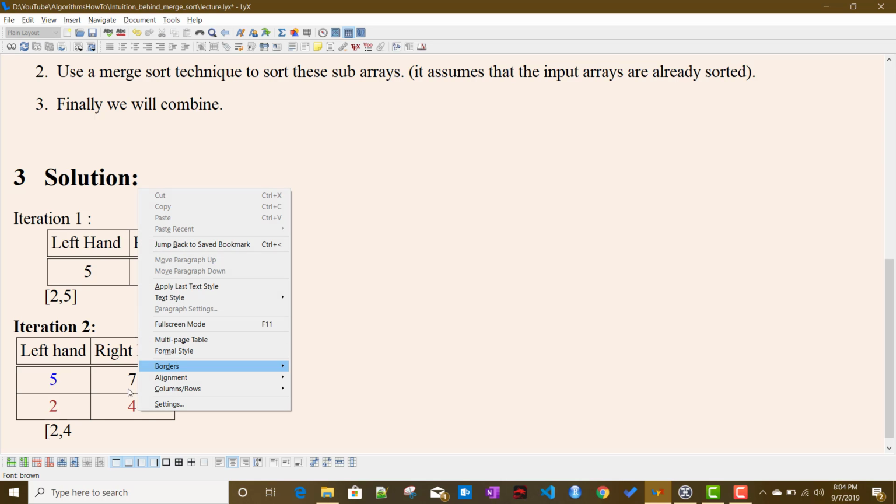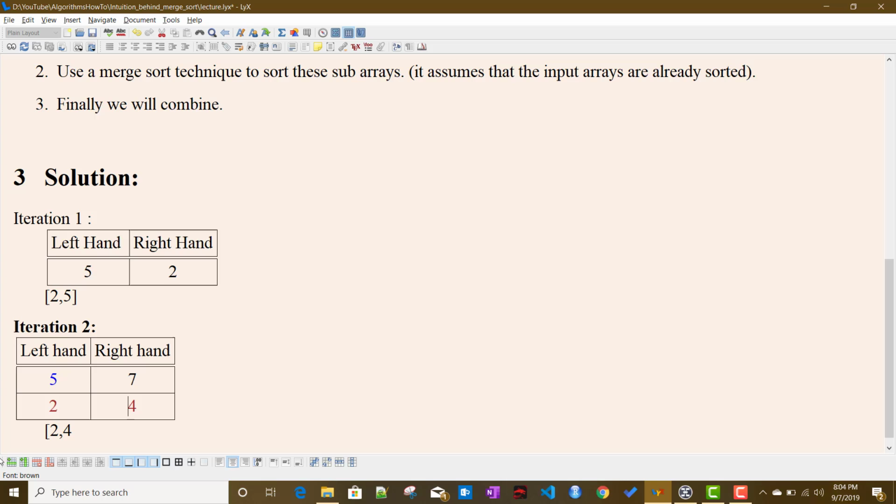It will be cumbersome, so I'll just keep it in this color only. We already have 4 over here, so maybe better I'll just remove it so it will be easier. Now in our left hand we have 5, in our right hand we have 7. Only these 2 elements are left, right?